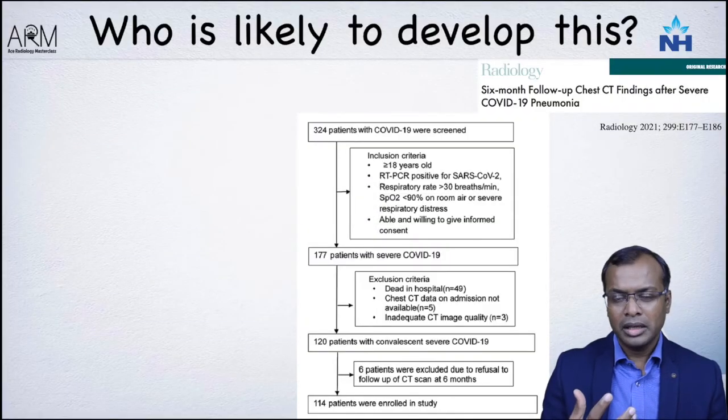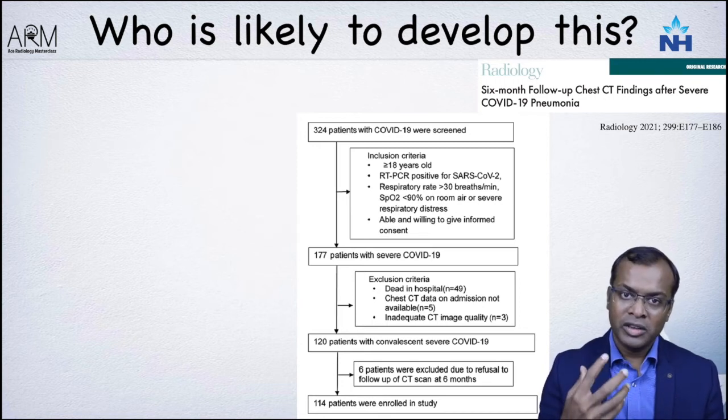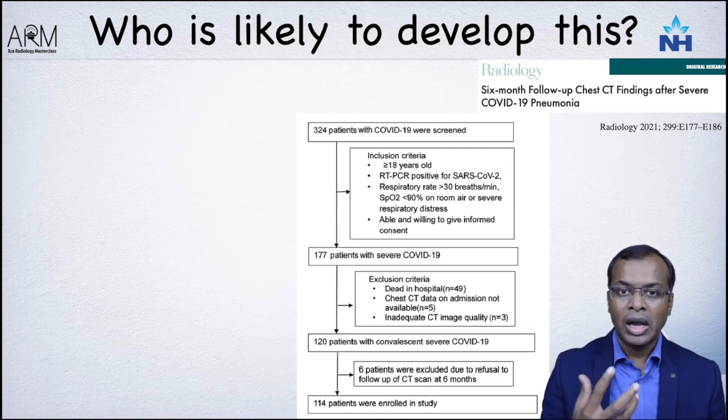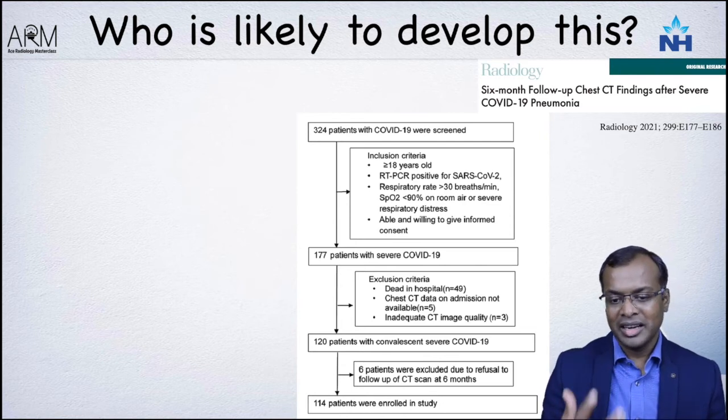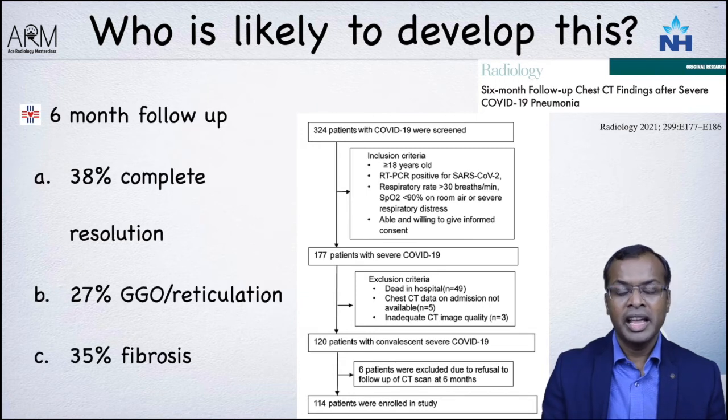As of now, this is perhaps the largest study which has looked at CT appearances of patients who had severe COVID infections, around 114 patients over a group of 324 patients, and they have 6-month follow-up.